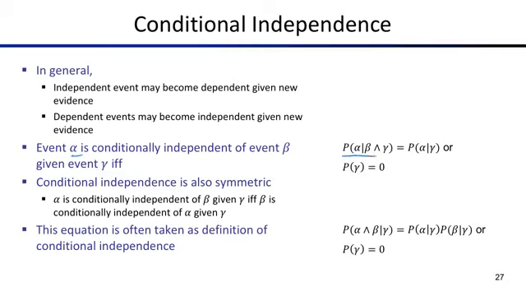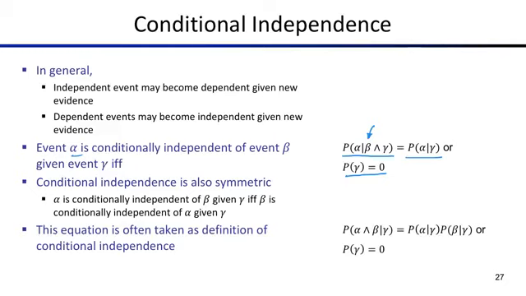The probability of alpha given beta and gamma is equal to the probability of alpha given gamma, or the probability of gamma is 0. So a way of trying to remember this property is like saying, okay, beta is not adding new information to us, so we can remove it and the probability will stay the same.